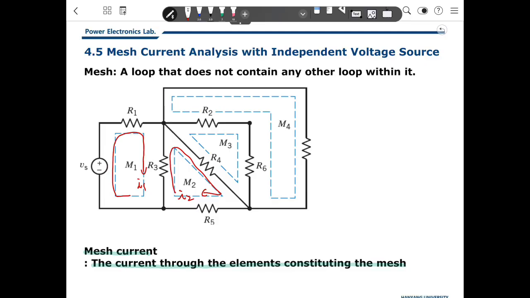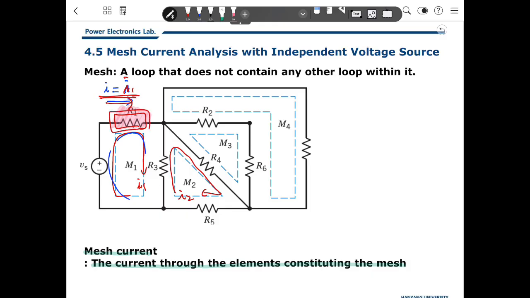If we define I1 here and I2 here as mesh currents, then in the case of R1, the current flowing through R1 is the same as the mesh current I1. In this case, the current going through this element is the same as the mesh current.